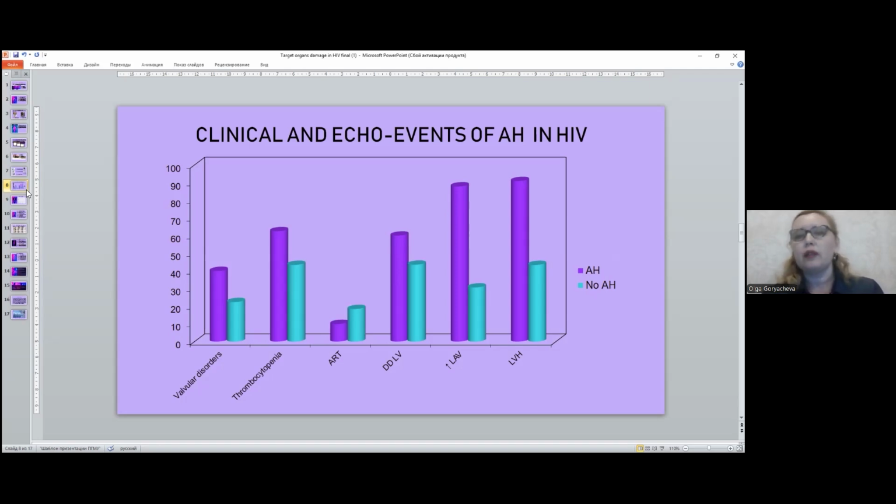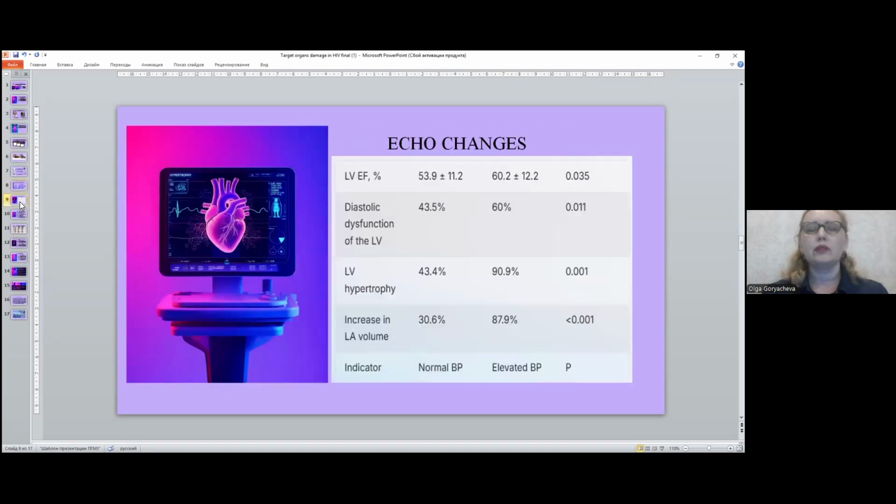Rise of left atrium volume is present more often in patients with arterial hypertension. And a higher myocardial muscle mass index was in patients with arterial hypertension, and left ventricle hypertrophy more often in this group too. These features, of course, need attention in the figures.